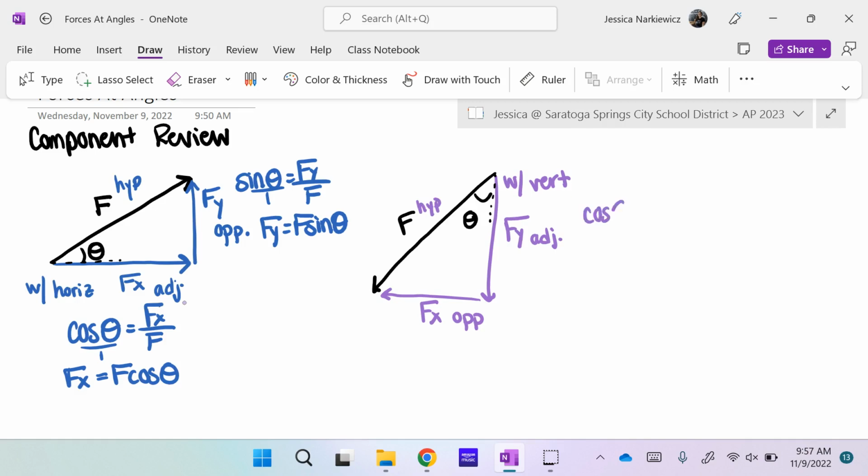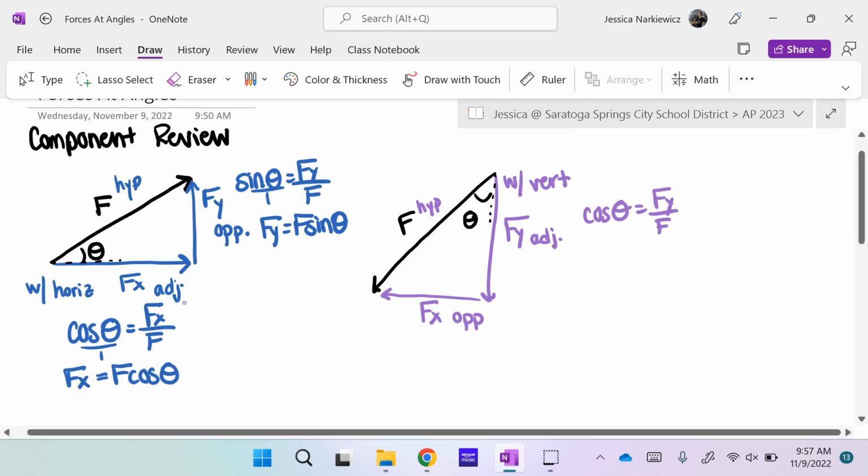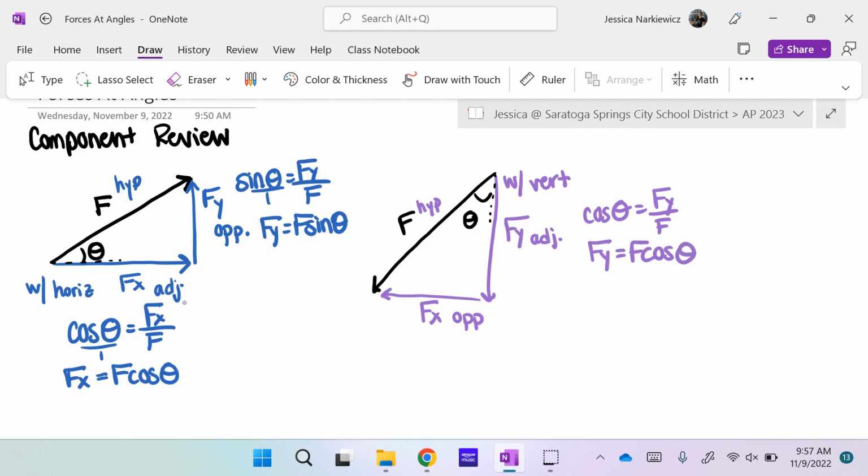Cosine of theta is Fy over F, so Fy is F cosine theta. And Fx is the opposite, so I'm going to use sine. Sine of theta is opposite over hypotenuse, so the x component is now F sine theta. Depending upon what angle we're given, that determines how we find those components. We do that with sine and cosine. So that's the component part.